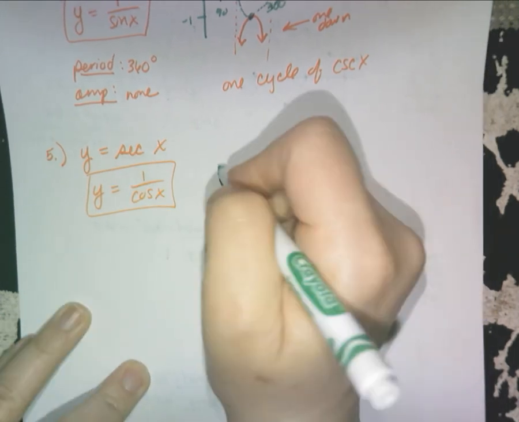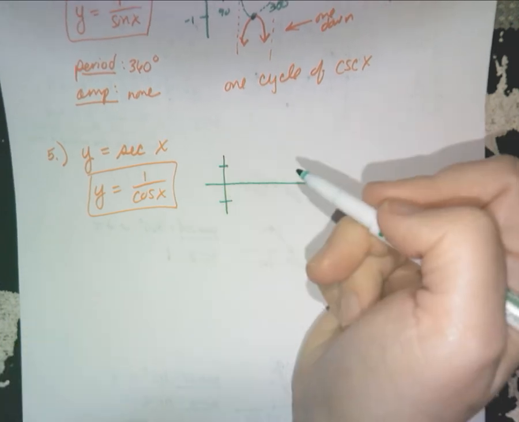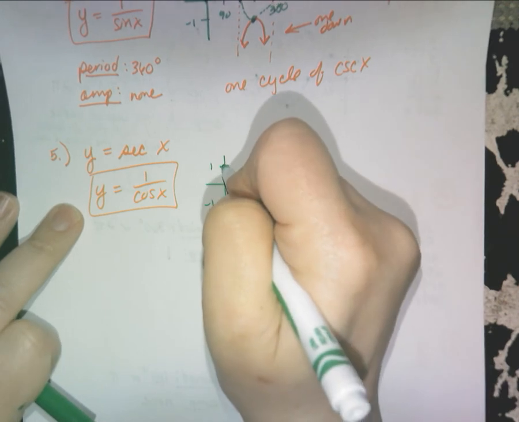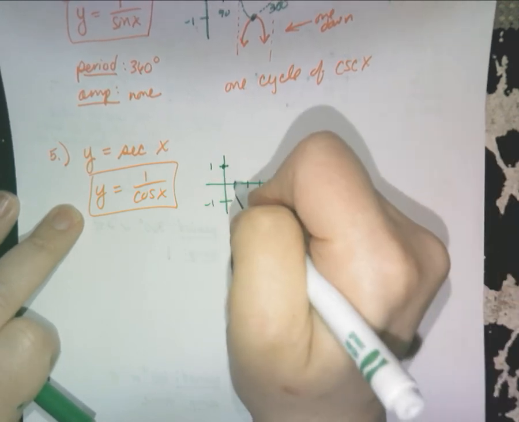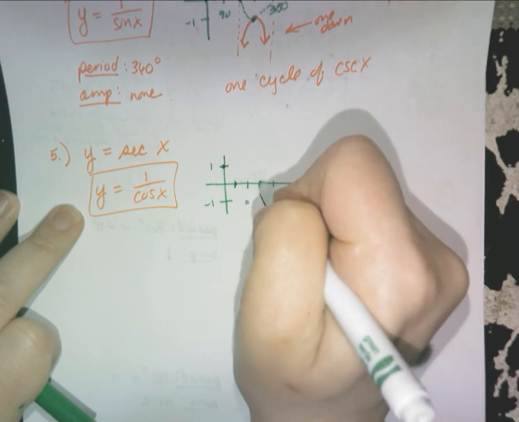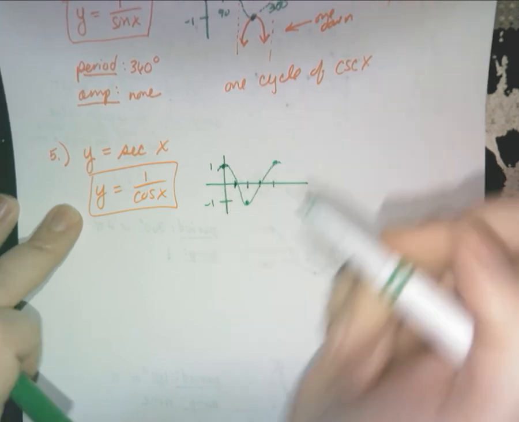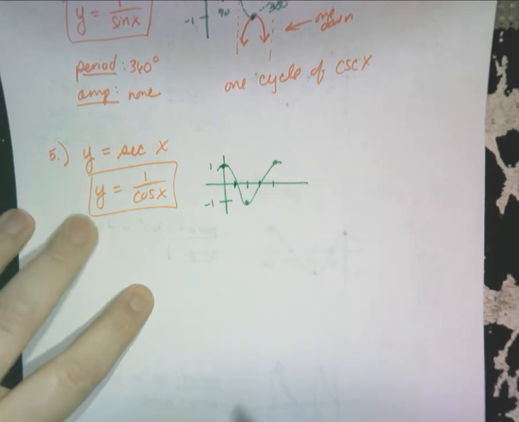Again, draw one cycle of cosine. This is how my teacher used to teach us how to draw it. So you start at 1, make 4 dashes, and then you go down, down, up, up. That is the cosine.